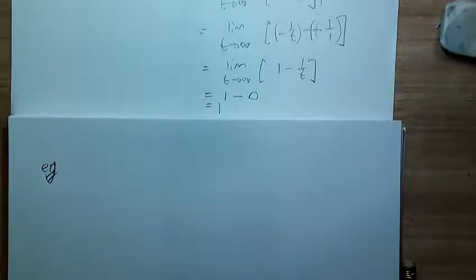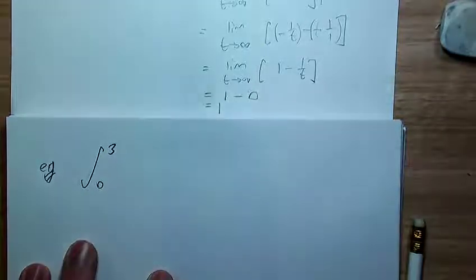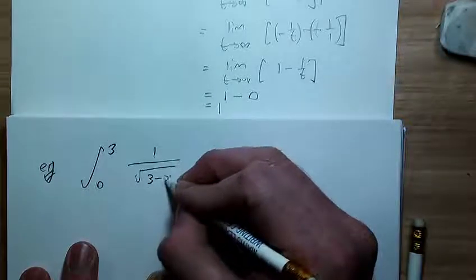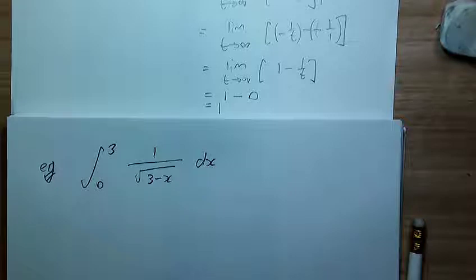Okay, here's one. So let's check out this function. At the moment it doesn't look like an improper integral, just from the fact that it's got numbers in it, there's no infinity.